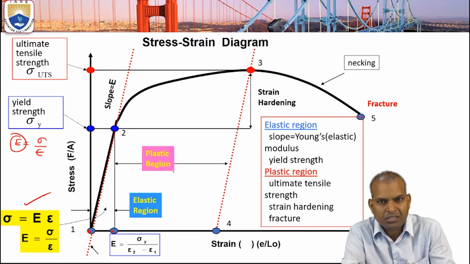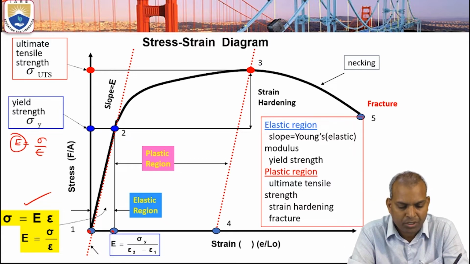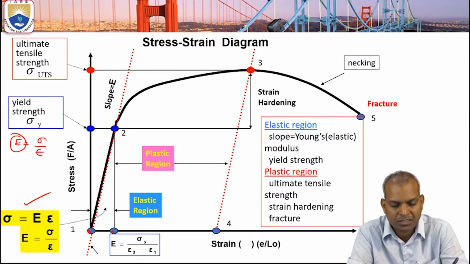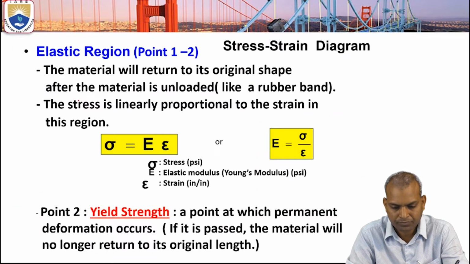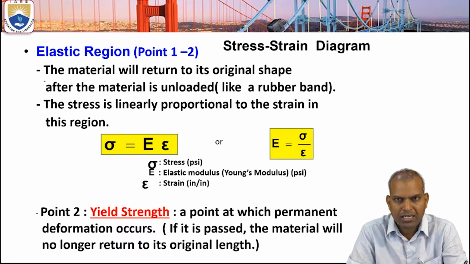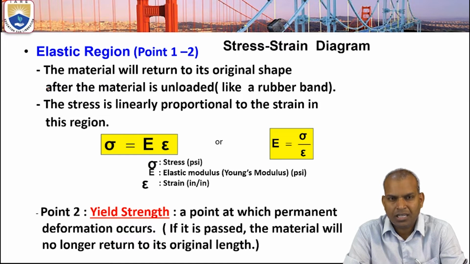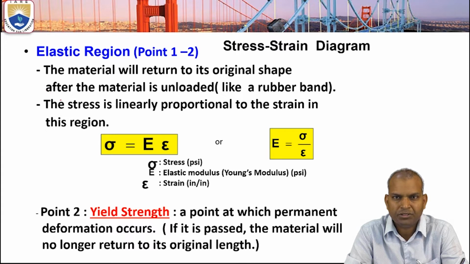In the plastic region, a permanent deformation takes place even after removal of the load. Even after removal of the load on the component, the material doesn't go back to its original shape. It remains the same. That is called permanent deformation. Now, in the elastic region, the material returns to its original shape after the material is unloaded, like a rubber band.